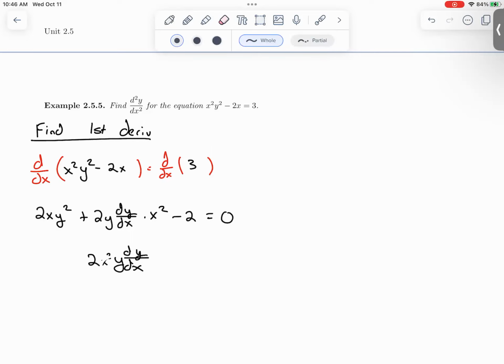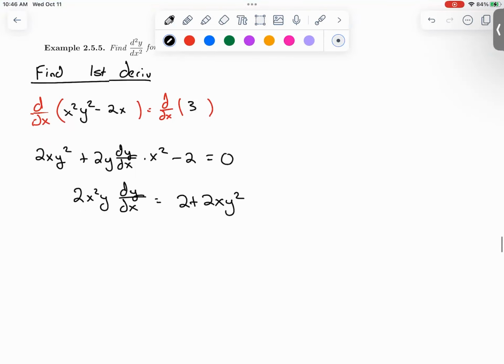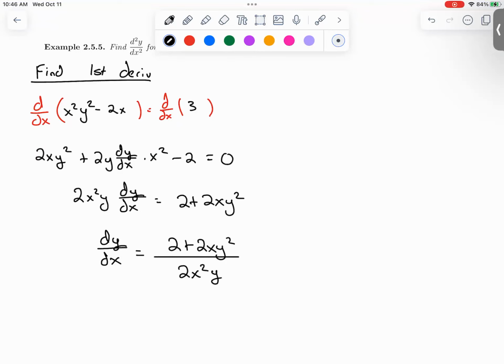Let me write that just better. 2x squared y dy dx is equal to 2 plus 2xy squared. So that means that dy dx is equal to 2 plus 2xy squared divided by 2x squared y.